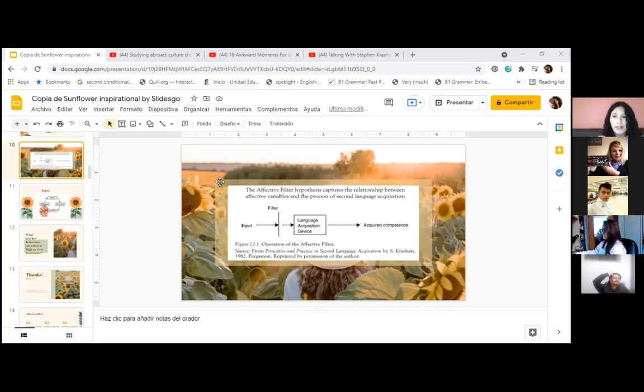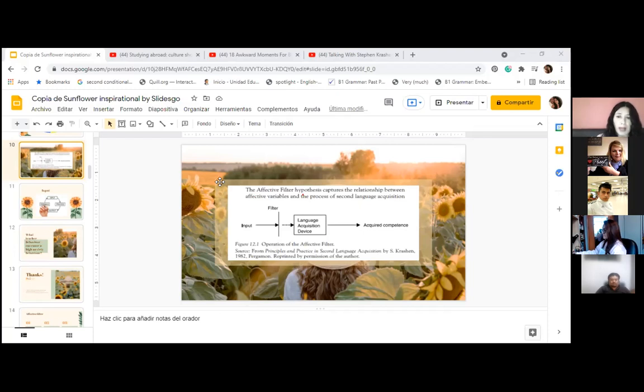According to his perspective, he says that if the filter is up, the input is prevented from passing through, and there can be no acquisition, as we have heard yesterday. But if the filter is down or low, and the input is comprehensible, the input will reach the acquisition device and the acquisition will take place.